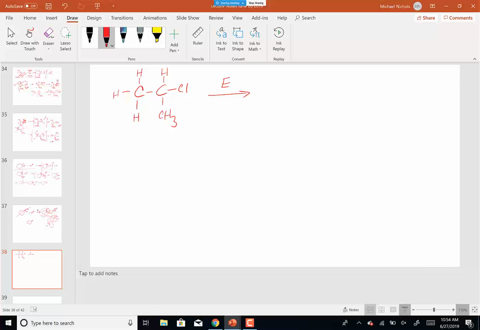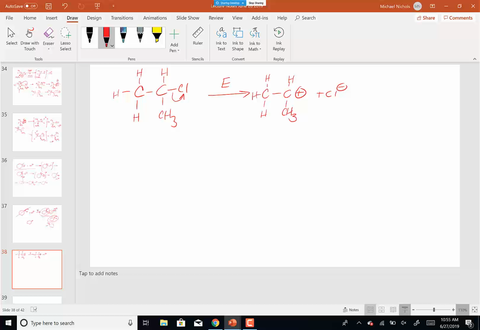Can I still lose the carbon-chlorine bond? Sure. So if I lose the carbon-chlorine bond, what am I going to form? I'm going to form a carbocation.